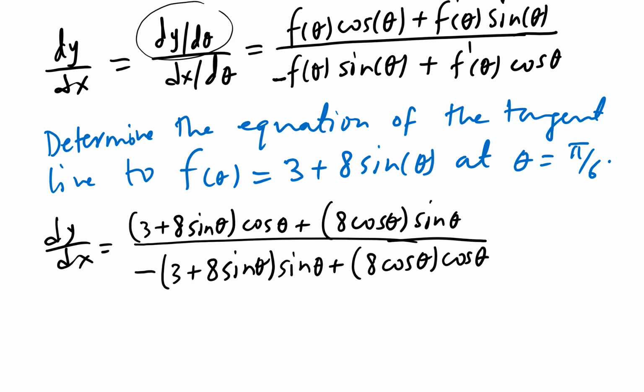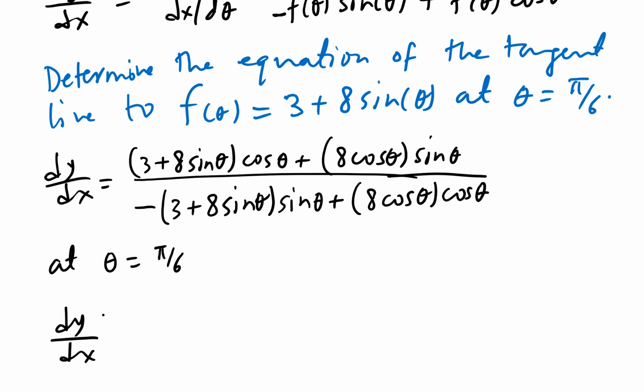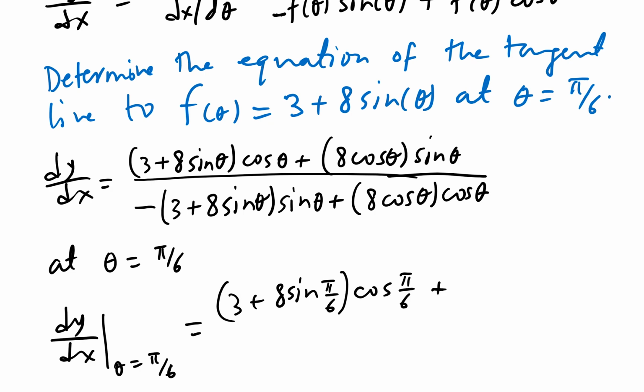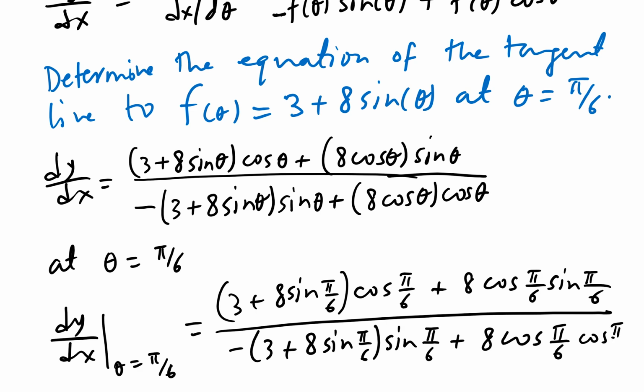Straightforward. At theta equals pi over 6, we substitute that in, so dy/dx at theta equals pi over 6 is going to be (3 plus 8 sine pi over 6) times cosine pi over 6 plus 8 cosine pi over 6 times sine pi over 6, all divided by negative (3 plus 8 sine pi over 6) times sine pi over 6, plus 8 cosine pi over 6 times cosine pi over 6.